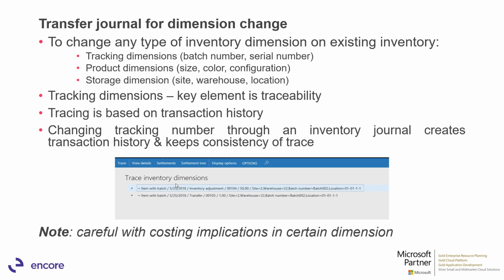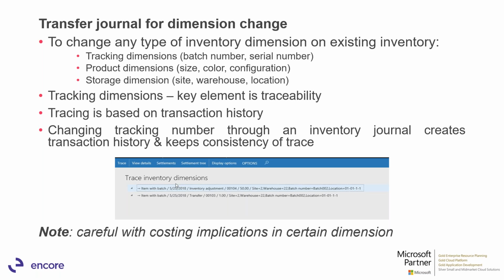So there is a simpler way, and that is to use the transfer journal and to transfer the inventory not between physical storage dimensions, but between tracking dimensions. Create a line where the site, warehouse, bin location combination is the same on the from and the to side of the transaction, meaning you're not physically moving them.